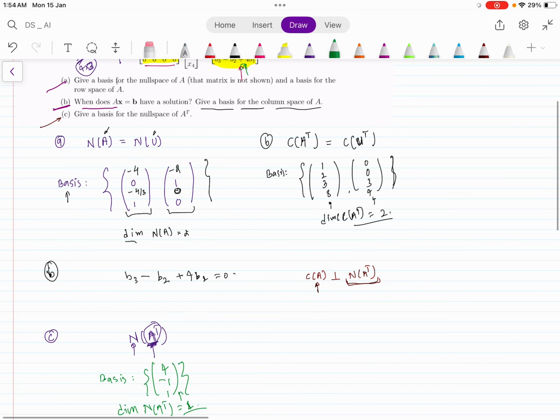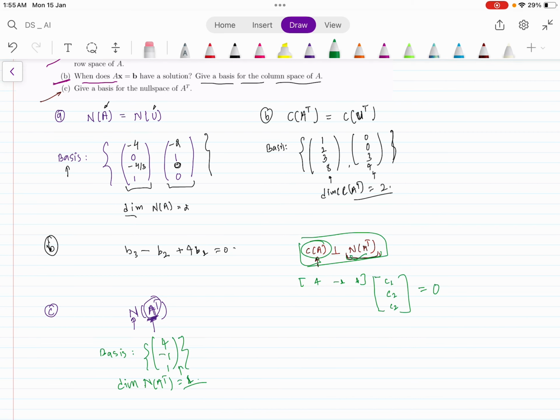Okay, now if we know this left null space, then what we can do is take this vector that is in the null space, and suppose that we have a vector in your column space, the dot product should be equal to 0, right? Because these two subspaces are perpendicular, orthogonal.